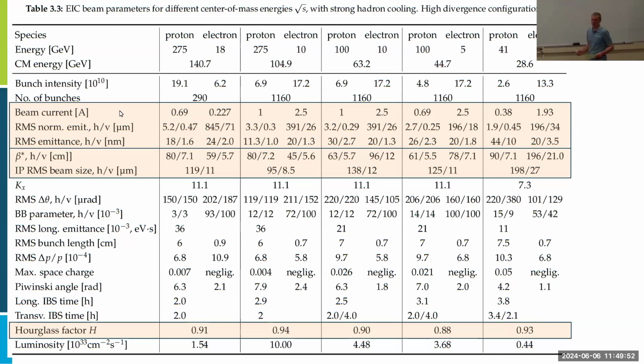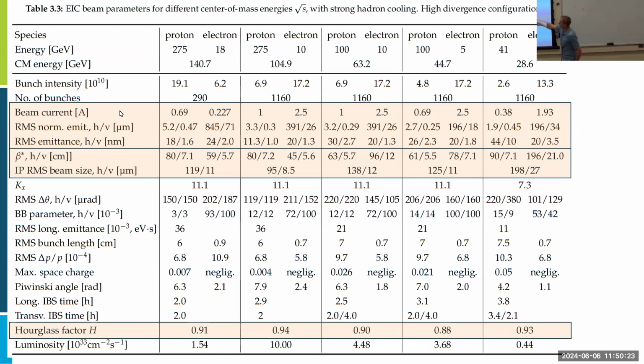So let's start with the bunch frequency f. What's f? That's how often the beams collide in your detector, which is what? Well, we know that the EIC is going to be 3.8 kilometers in circumference.